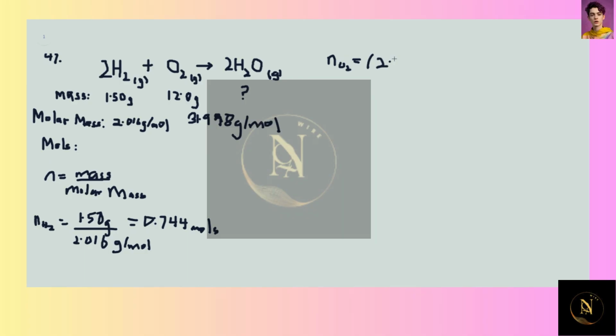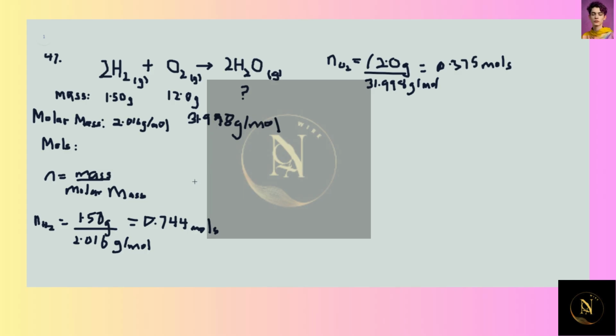The mass is around 12.0 grams divided by the molar mass, which is 31.998 grams per mole. And that gives us around 0.375 moles.